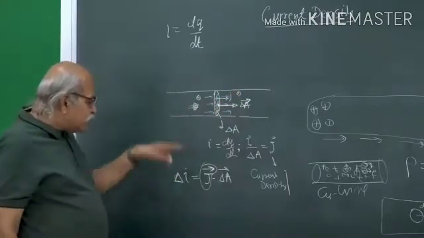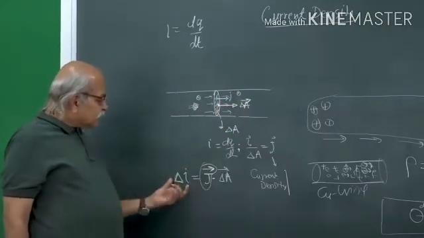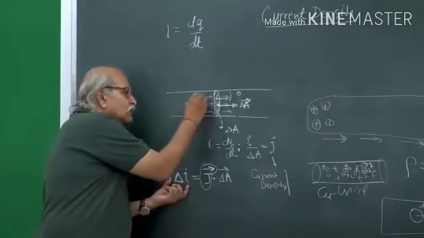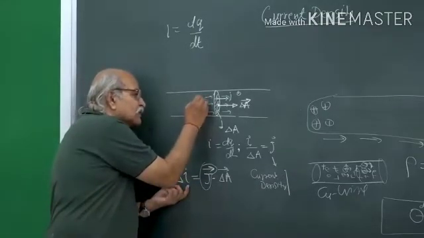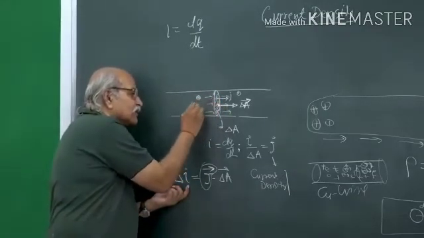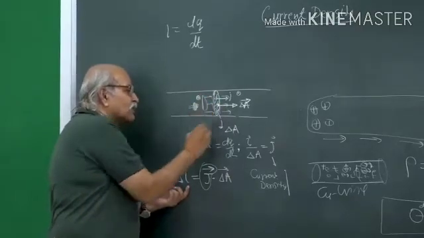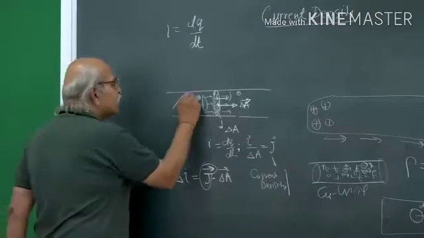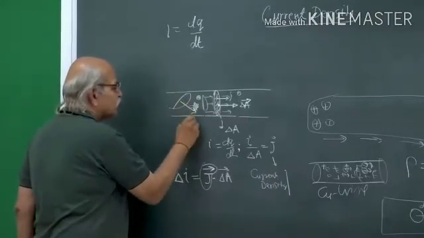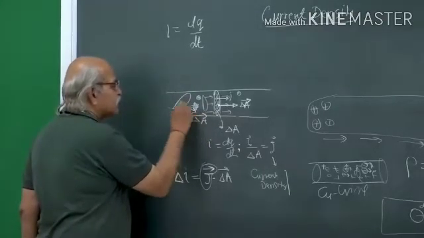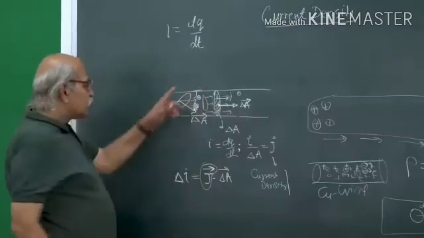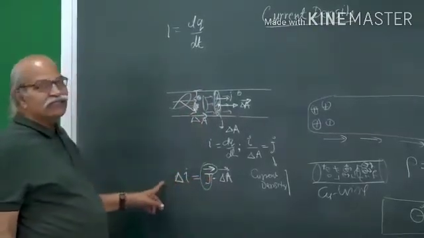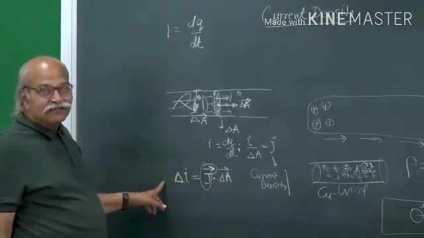So at every point you have its own J, and this delta I is through that whole cross section, whatever cross section or area you make. And if the area is slant, no problem. This is delta A, this is J. J dot delta A will still give you the current.